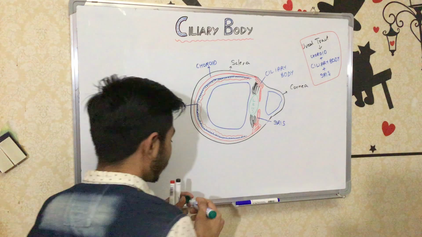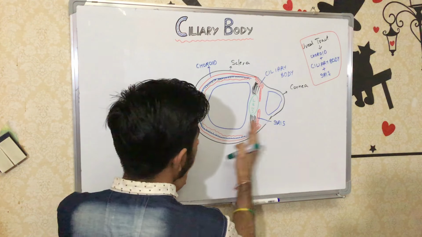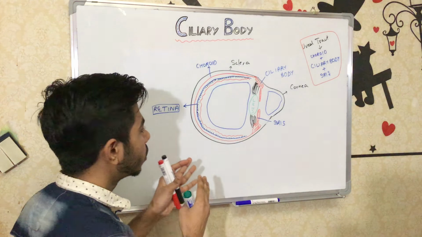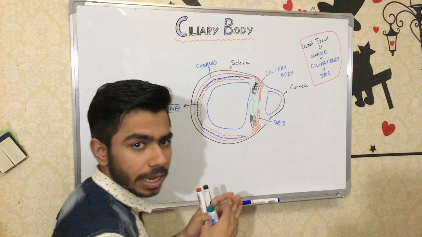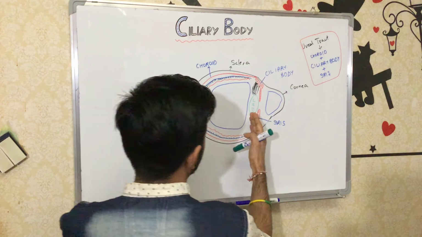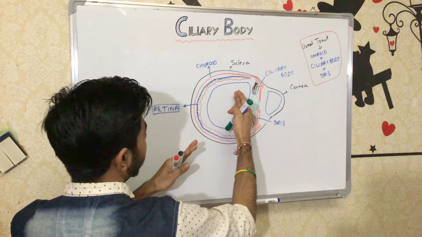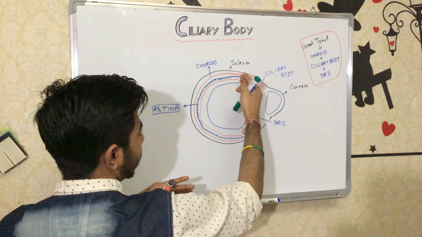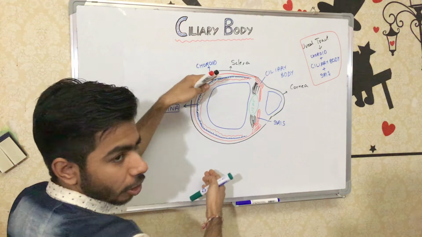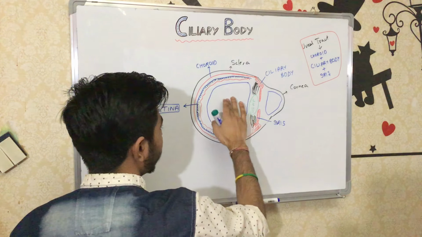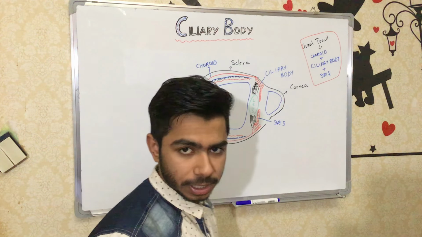So what I was telling you is that whatever structures are present behind the lens are called the posterior segment of the eyeball. For example, the retina, the choroid layer, the sclera, the outermost layer of our eyeball, and the vitreous body, in which the vitreous humor is present.